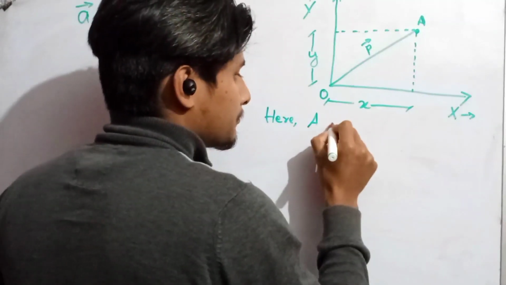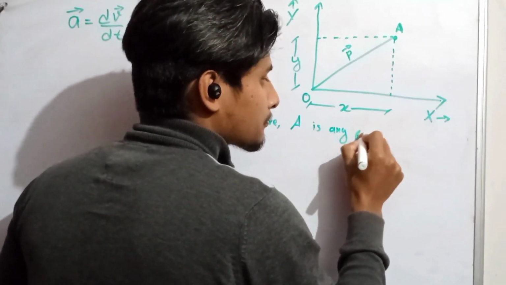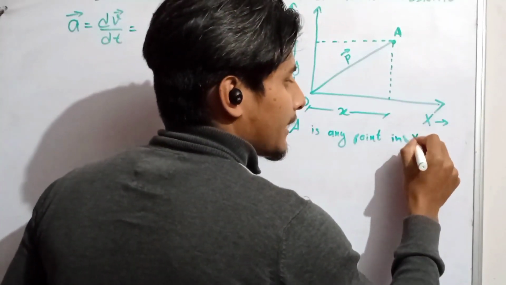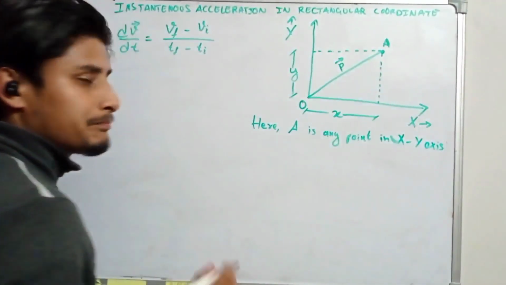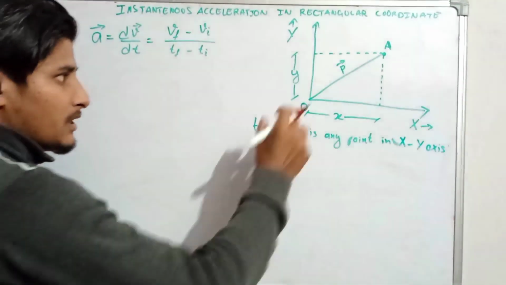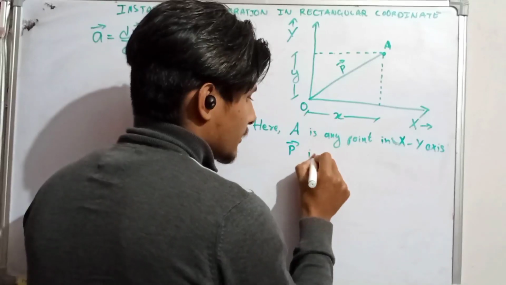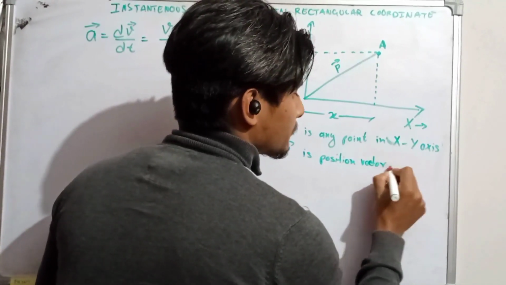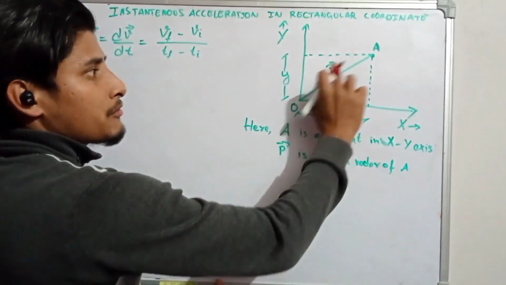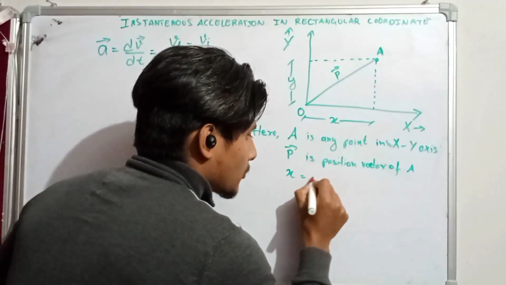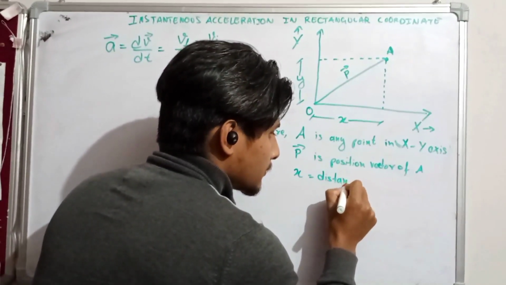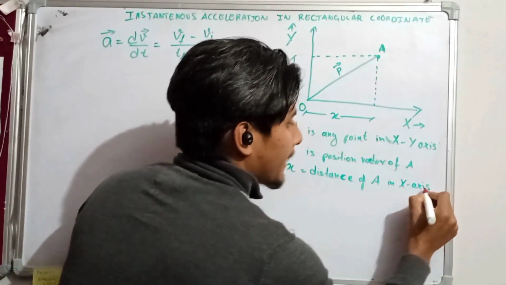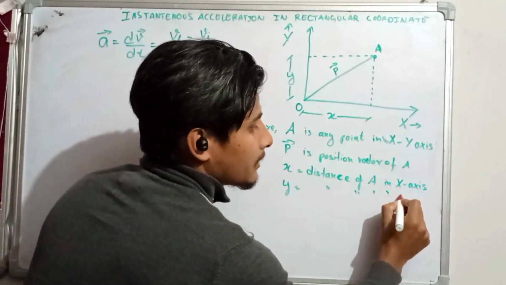A is any point on the xy axis, right? And my p vector is the position vector of A. P is the position vector for A, x is equal to the distance of A in the x axis and y is equal to the distance of A in the y axis.